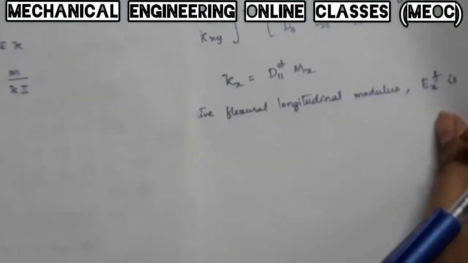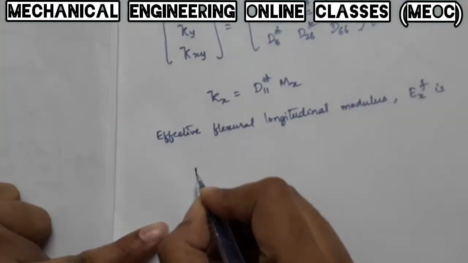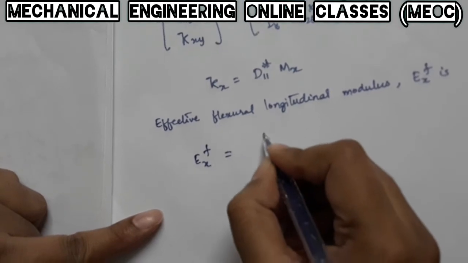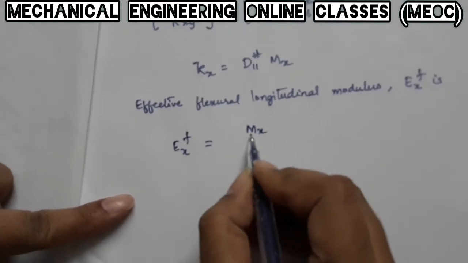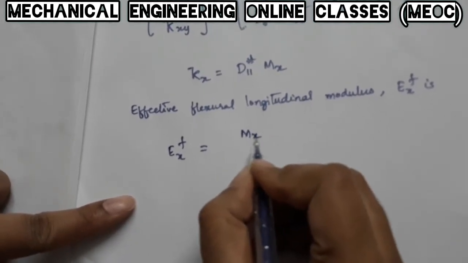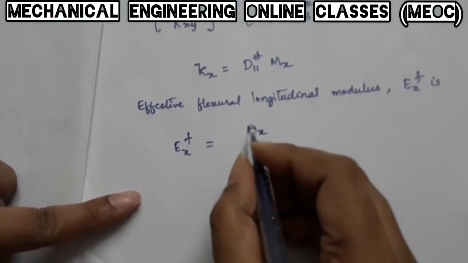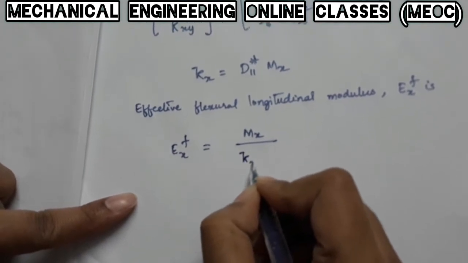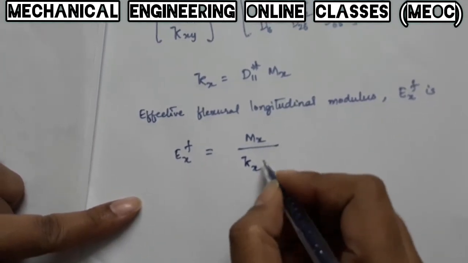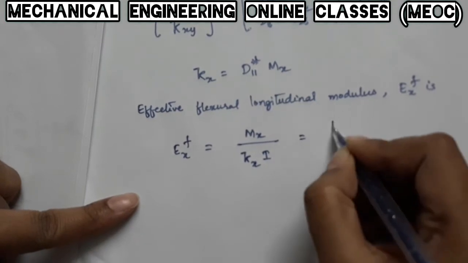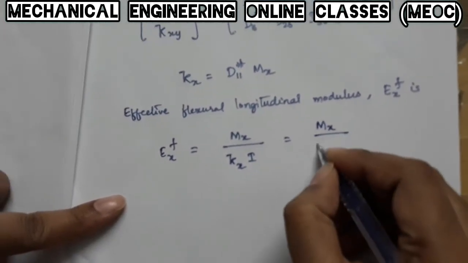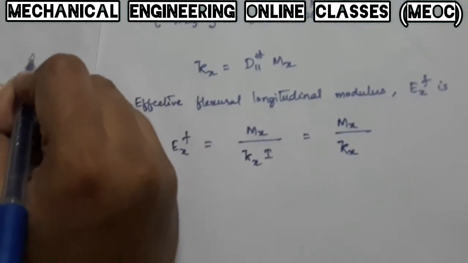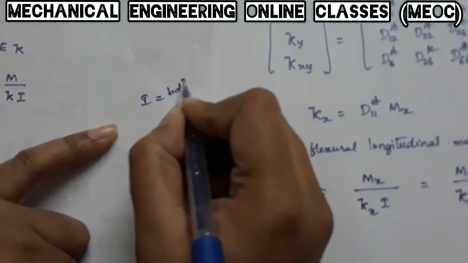So here EXF is equal to Mx, because the bending moment considered is in x direction, divided by K also considered along x direction into I. So it is Mx by Kx. What is the I value? I is equal to B D cube by 12.